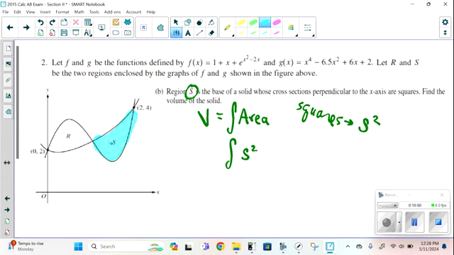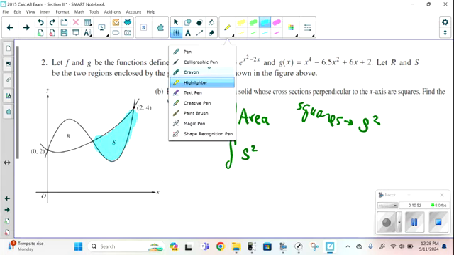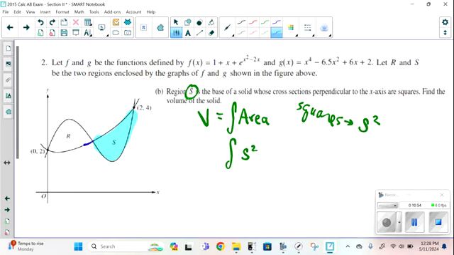Remember, if we did this right, and we did, f of x is on top here, and g of x is on the bottom here. Not only that, it goes from 0.2 to 1.033. Those are my bounds.